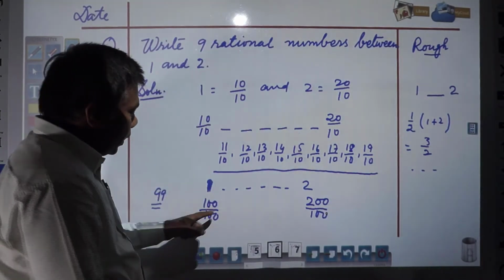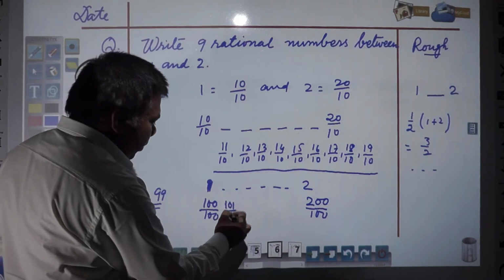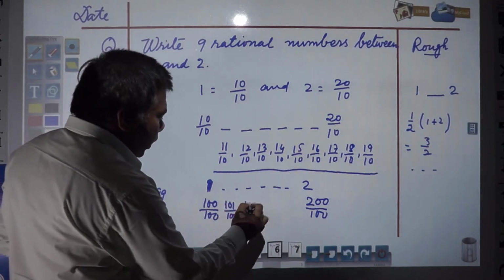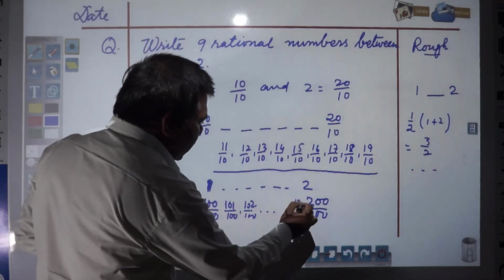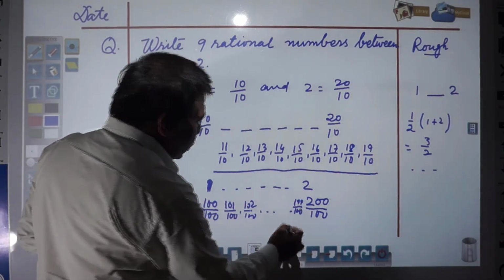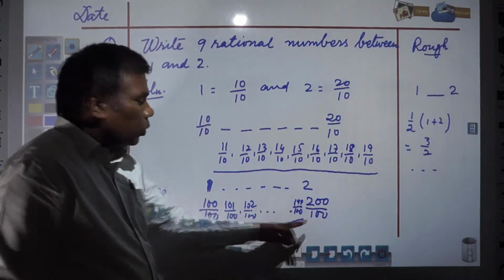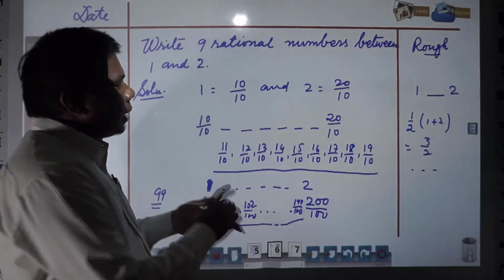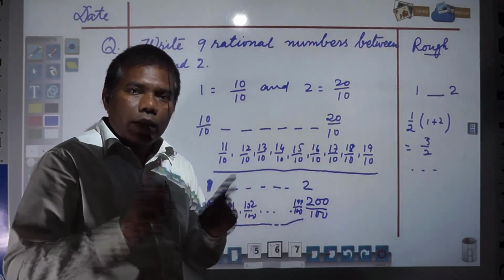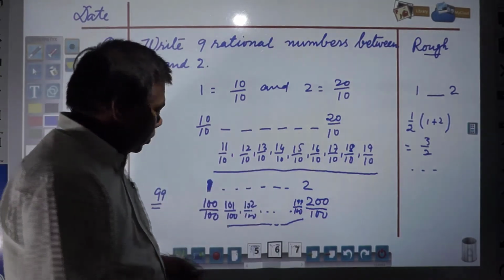Now you see, in between numbers it will be 101 by 100, 102 by 100 and so on up to 199 by 100. So in this way we can find out larger numbers in between. So apply these alternative methods if larger numbers are required to be found out in between two given rational numbers.